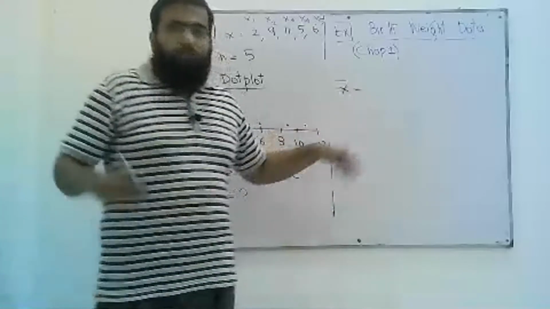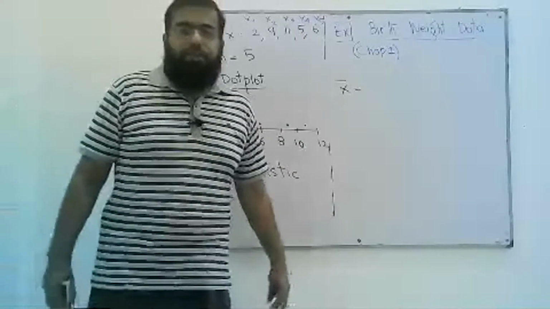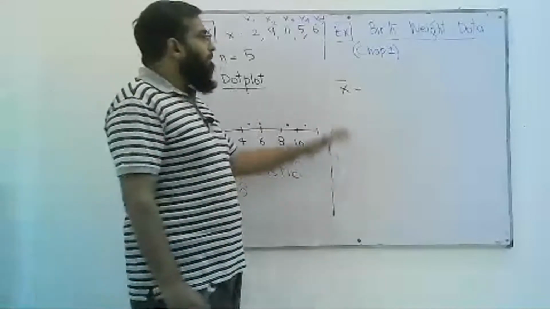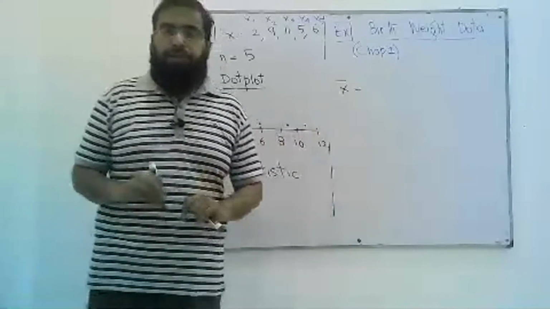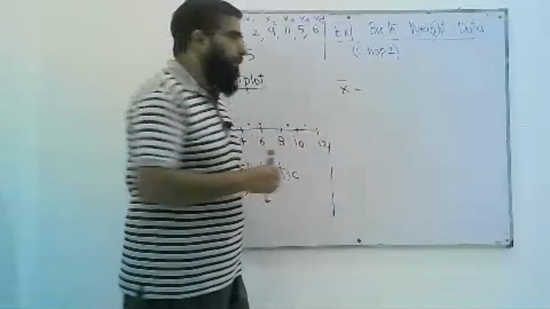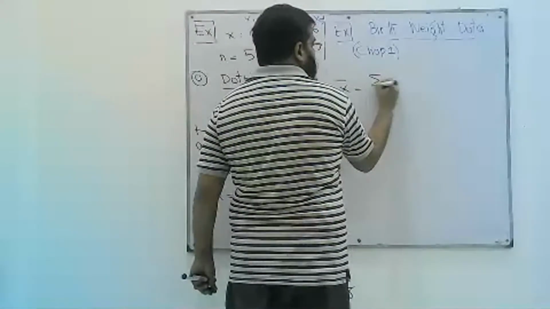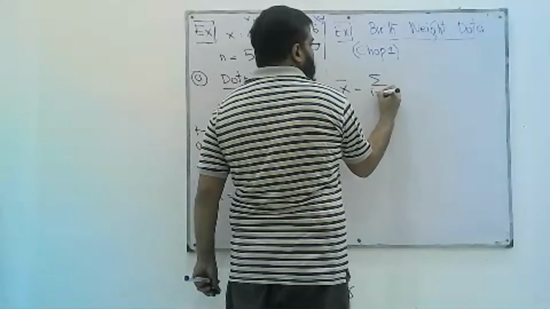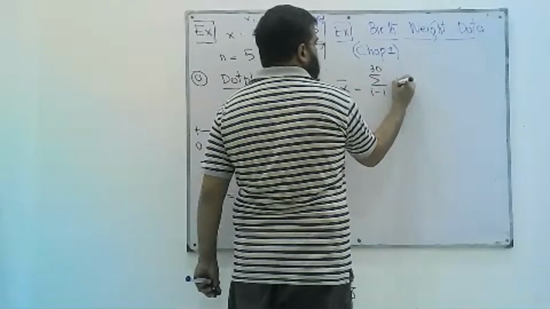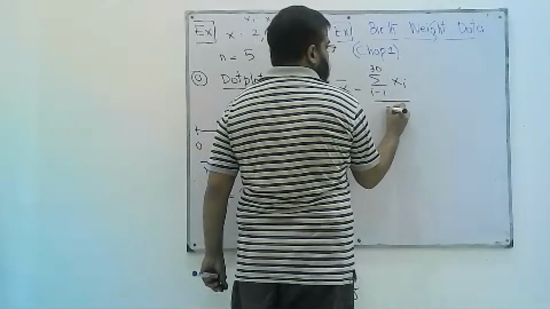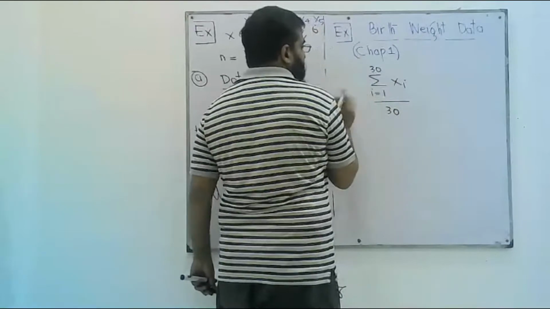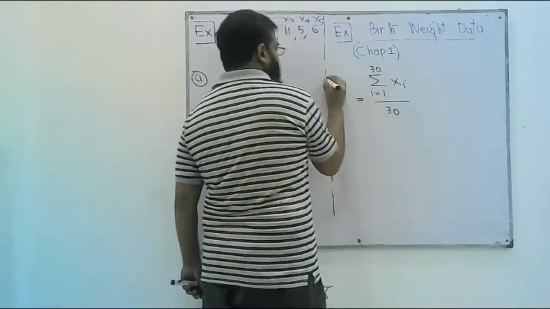So we have to work with the sample of 30 babies that we have. So how to find the arithmetic mean on that? That's simple. We'll apply the formula summation i from 1 to 30 xi over 30. So this is the average or mean that we have been computing.